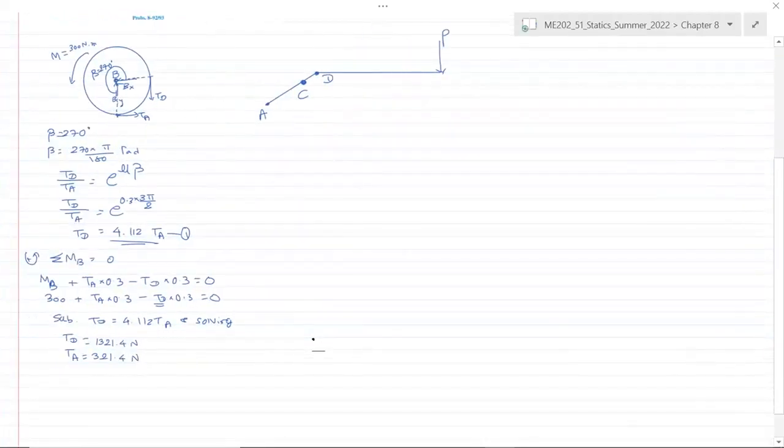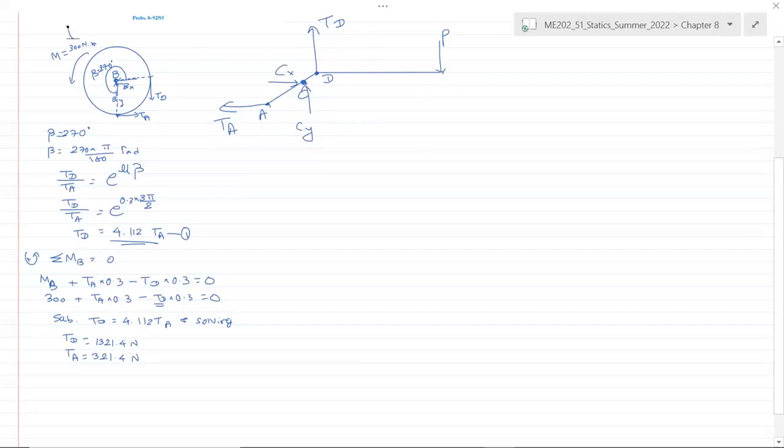Now we transfer those forces onto the lever, because it's the same belt that is attached to the lever, so it's the same tension but in the opposite direction. So this is TD and this is TA. And here the pin is C, so there are support reactions CX and CY, and here is the externally applied force on the lever.